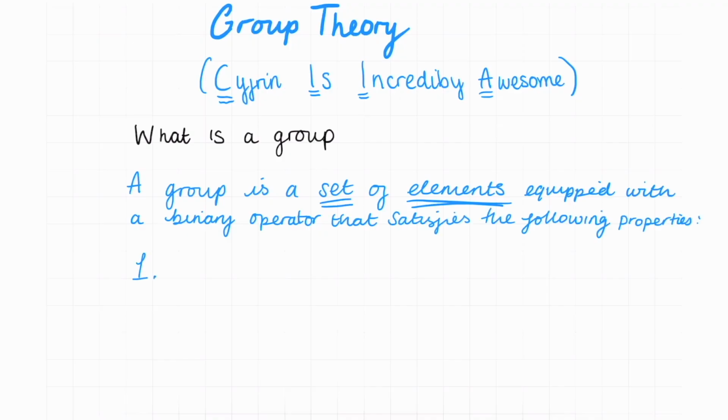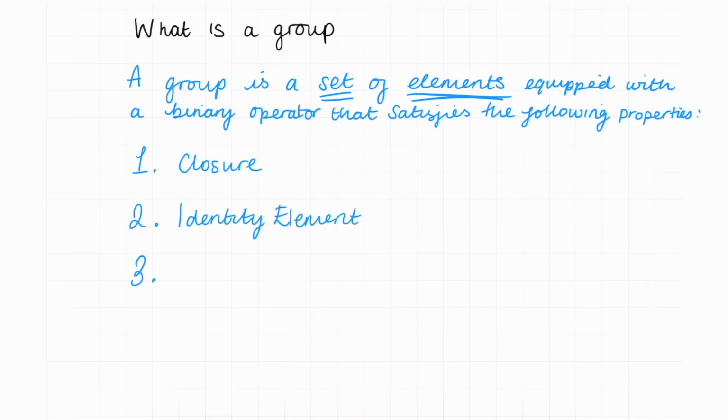Number 1, closure. Number 2, it has an identity element. Number 3, every element has an inverse. Number 4, associativity. These are the 4 things that the set of elements needs to satisfy when equipped with a binary operator.